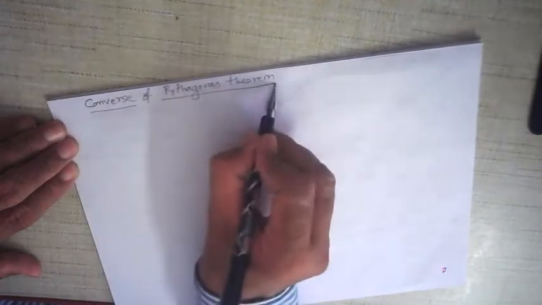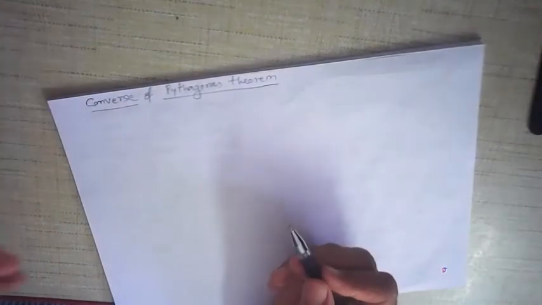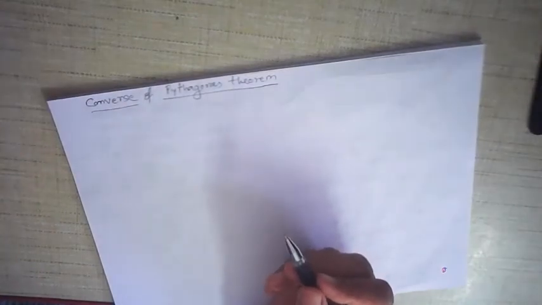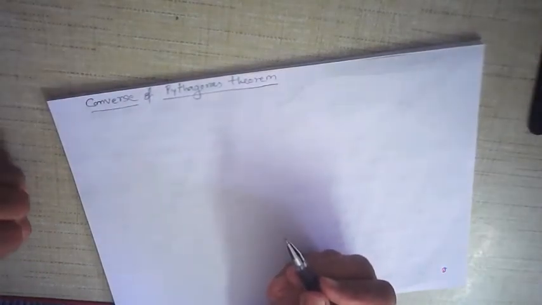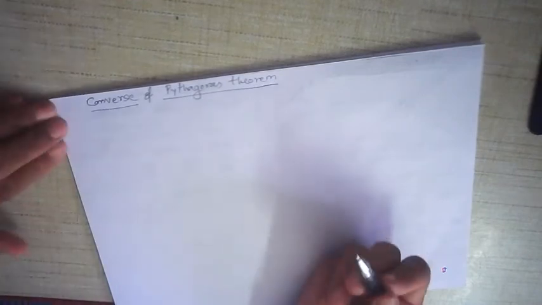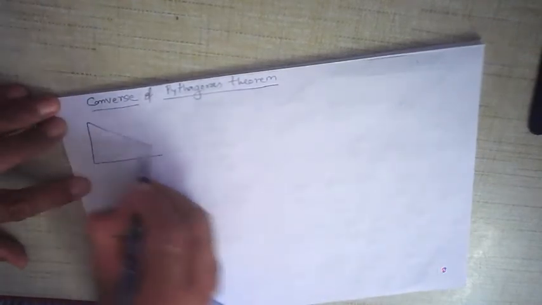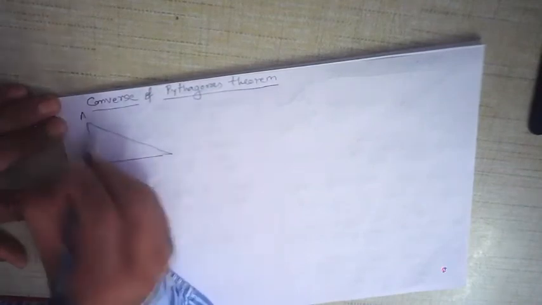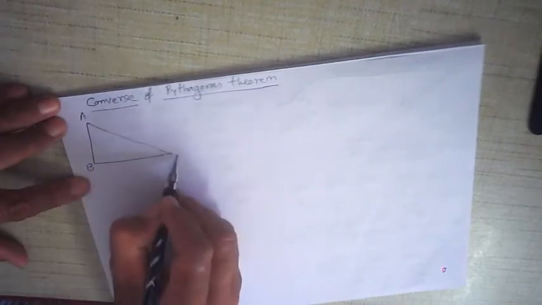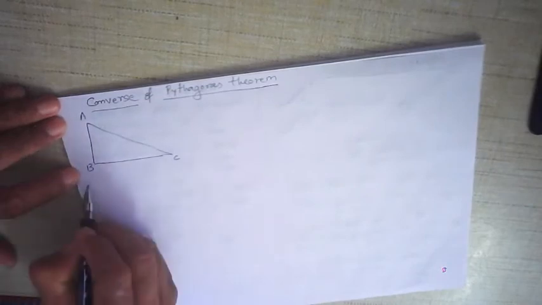So, let us understand. Obviously, it is opposite of Pythagoras theorem. In Pythagoras theorem, we were given that the angle was a right angle. Here, we will have to prove that it is a right angle. So, let us take triangle ABC as usual. We don't know whether angle B is a right angle. But what are we given?